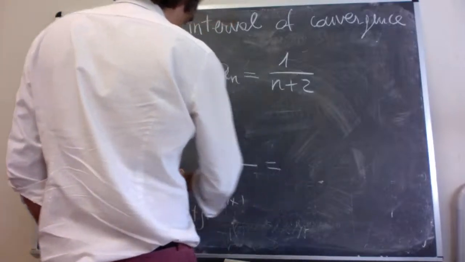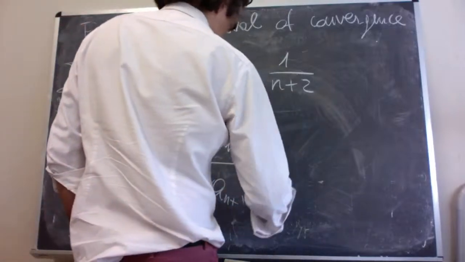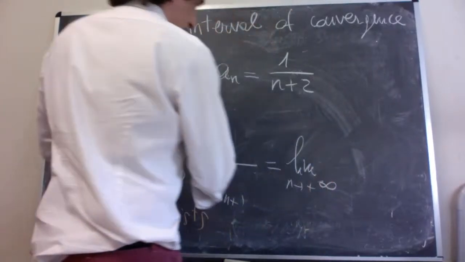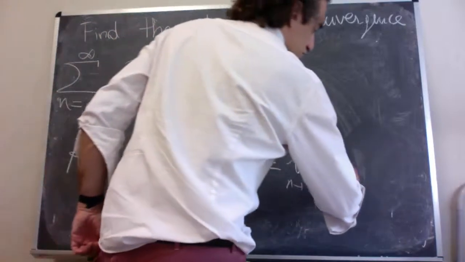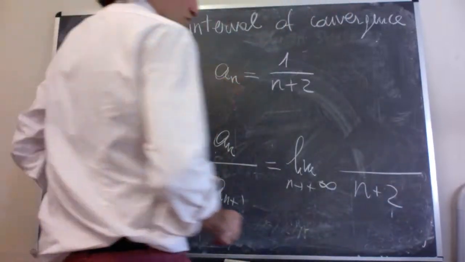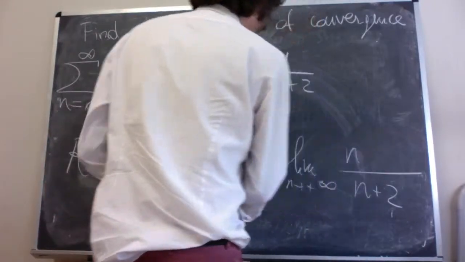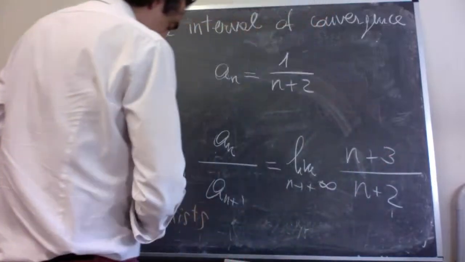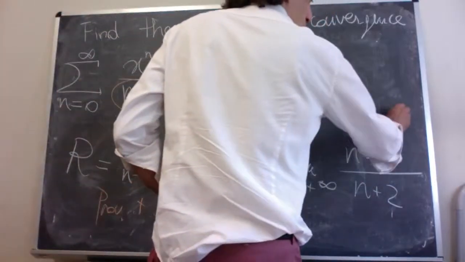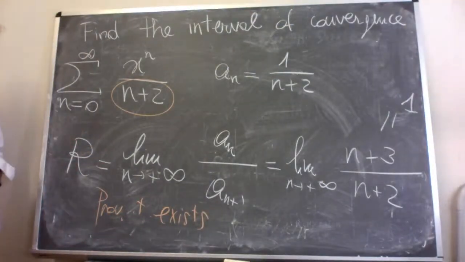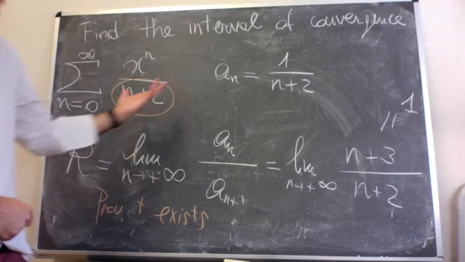This is the limit for n going to plus infinity. An is 1 over n plus 2, so n plus 2 is at denominator. And at numerator we have n plus 1 plus 2, so n plus 3. This is a very easy limit, this is equal to 1. So the radius of convergence is equal to 1. Very easy computation.